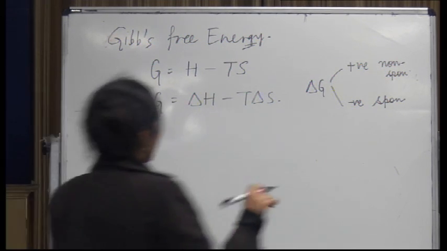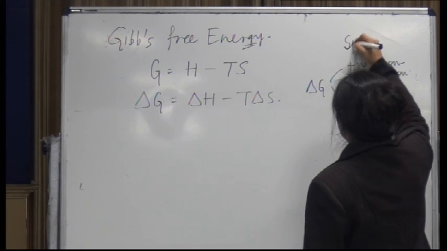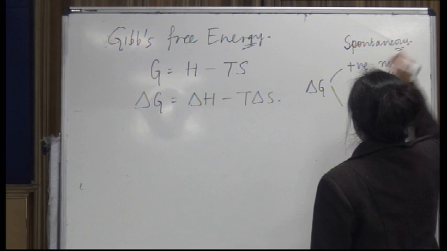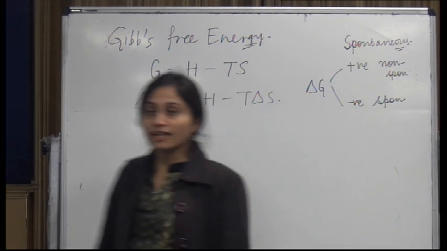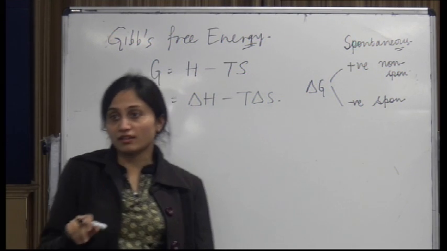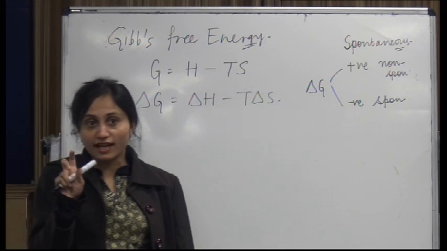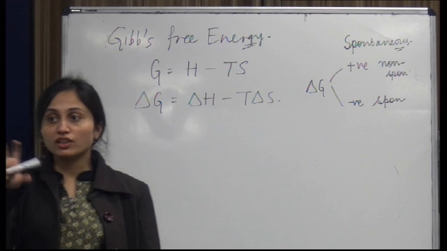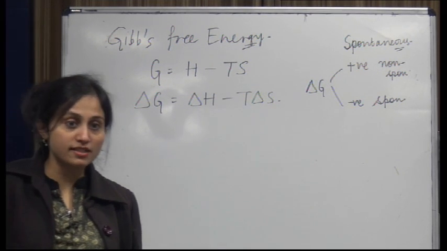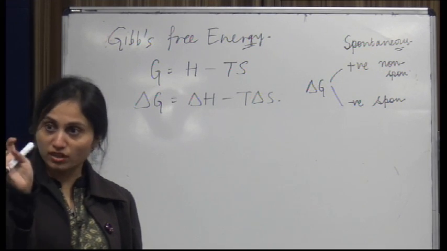Here the spontaneity is decided mainly by the delta G factor, which is more important than your delta S. Why am I saying that? Because delta S हम system की बात करते हैं. Generally when we check delta S, it can be only monitored easily for the system. But what is your surrounding? The entire universe is the surrounding. What is your system? The thing that we are studying.